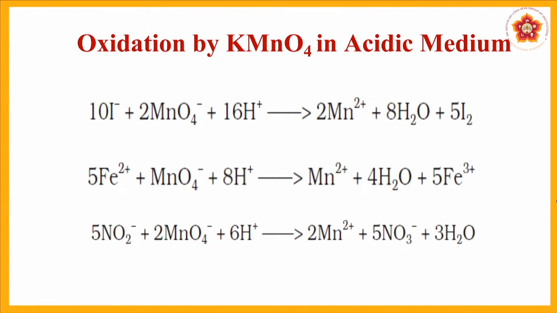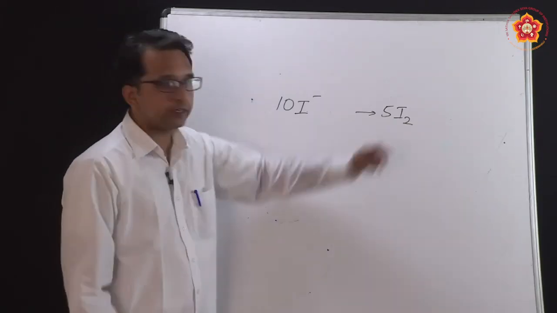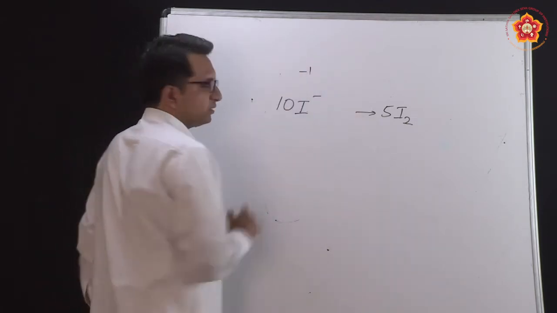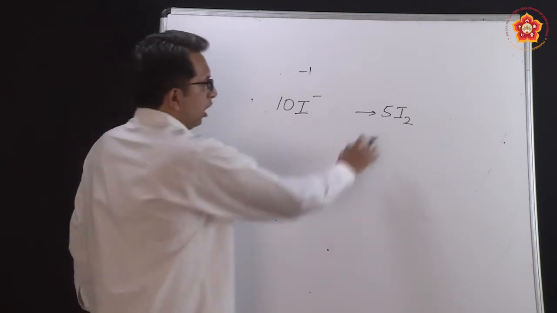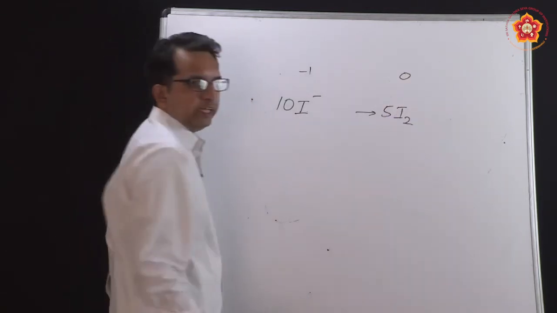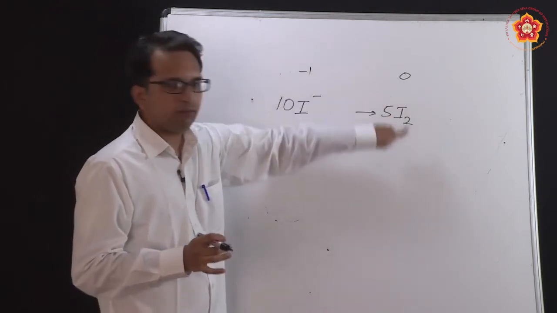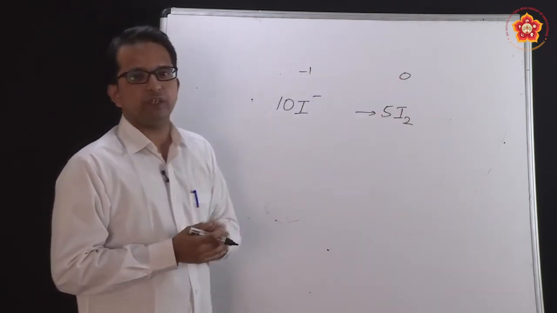So, let us look at the very first reaction, which shows the conversion of iodide ions to iodine. So, I minus ions are getting converted into I2. What is happening in this case? The charge on I minus is -1, and for I2 the charge is bound to be 0. Any compound in its elemental or stable state will have the oxidation state equal to 0.